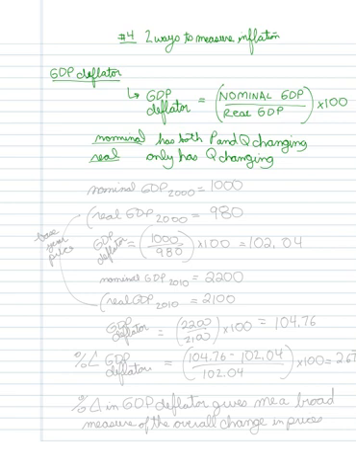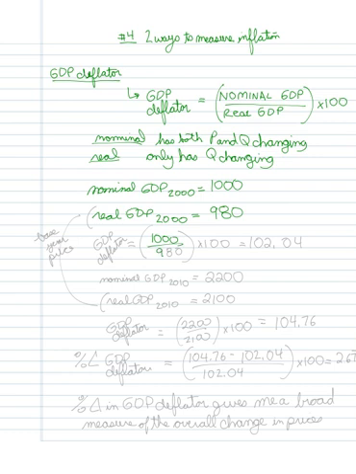So let's give an example here. Let's say that the nominal GDP in 2000, I'm just going to keep the numbers simple here, is 1,000. That the real GDP in 2000 equals, let's say, 980.